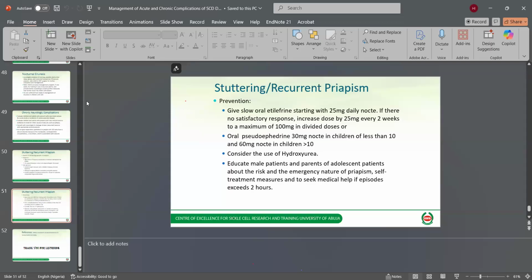Once they make the diagnosis, they continue to treat, because if you are not a cardiologist, you may not be able to treat it well. So you refer the patient to them, they make the diagnosis, and they take over management of the complication itself. Of course, you continue to co-manage the patient as a hematologist or as a physician with them for the other complications.